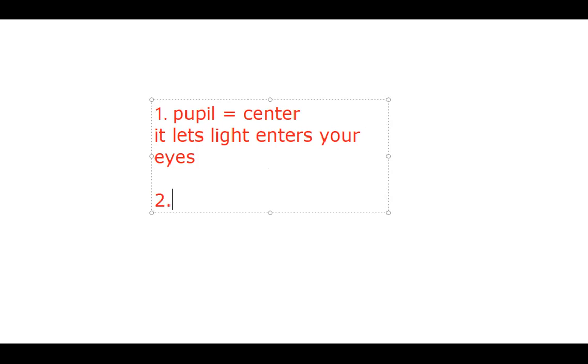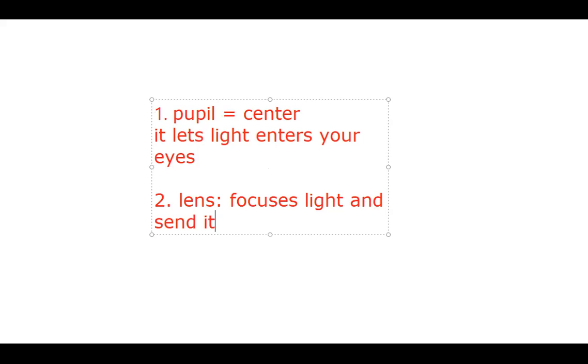The second part of your eyes is the lens. The lens focuses light and sends it to the retina. So when light enters your eyes through the pupil, the lens focuses it and sends it to the retina.